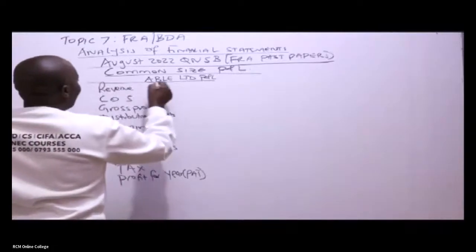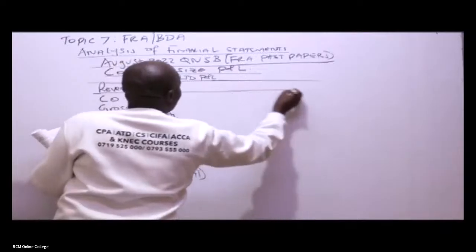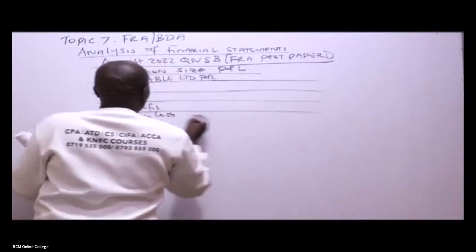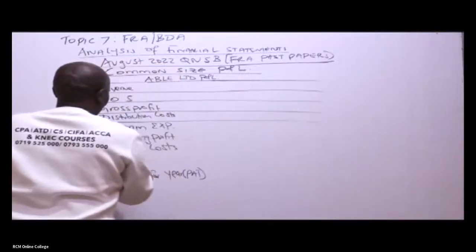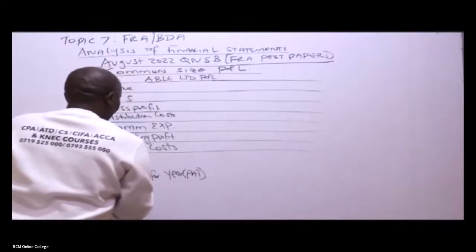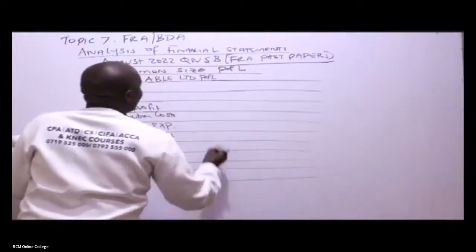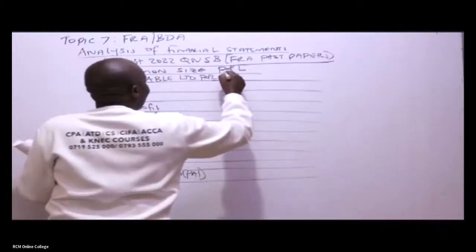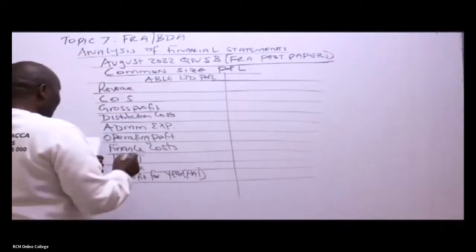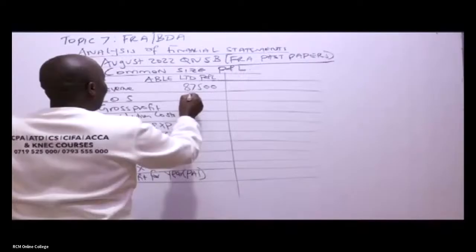Because my board is just a clean sheet, I'll be forced in this case just to put lines for the sake of you being able to follow. Then we have our revenue for AB in shillings thousands. I can see 87,500. I can see 66,500.